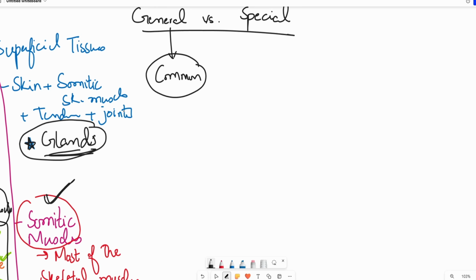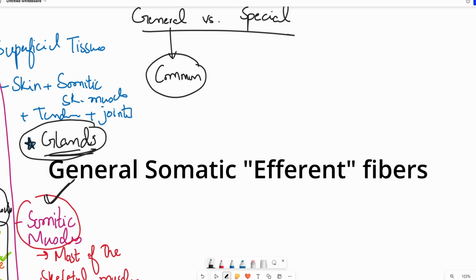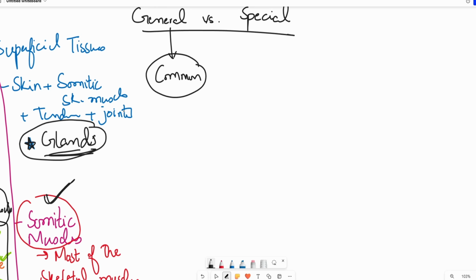For example, the generally lying skeletal muscles all over our body are innervated by general somatic afferent fibers. But if there are some rare types of muscles, for example skeletal muscles which are usually derived from somites, but are instead derived from pharyngeal arches, that type of skeletal muscle is rare in our body, so it must be supplied by special fibers.